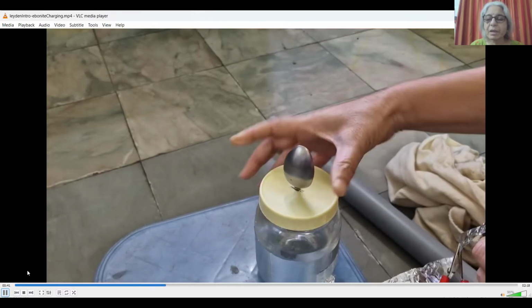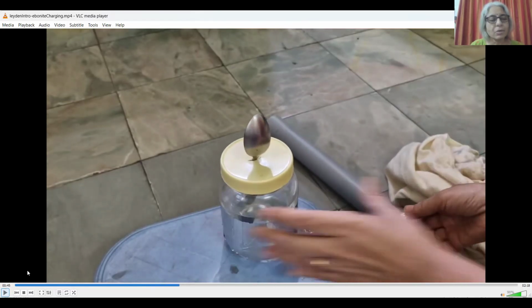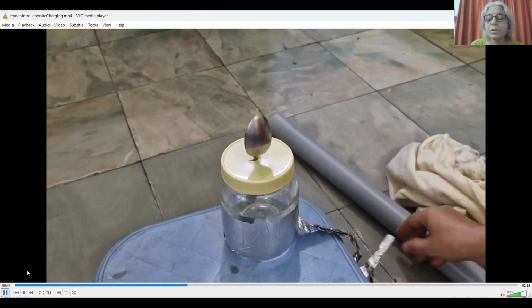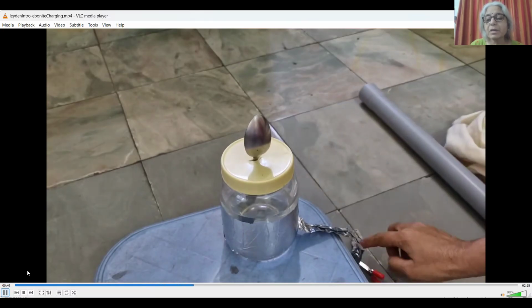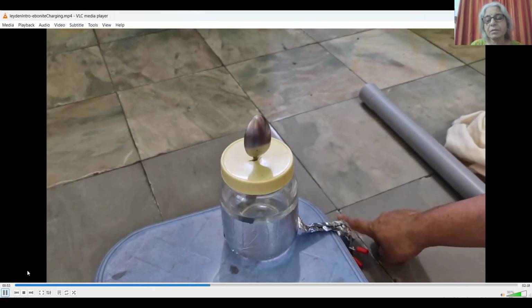So I place the tail on the ground, and there's a crocodile clip attached to it, so that I can touch it because there's a plastic cover handle there. I can use it as an insulating handle. So I leave it on the ground so that the charges will flow away.